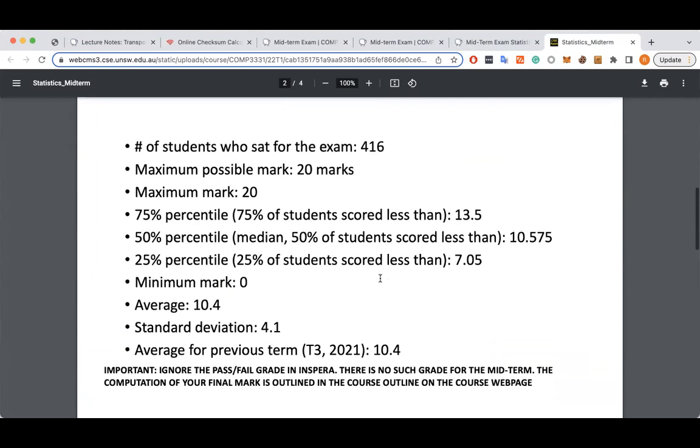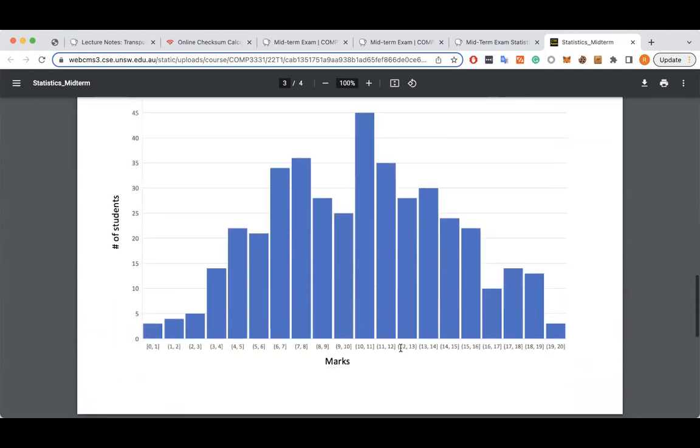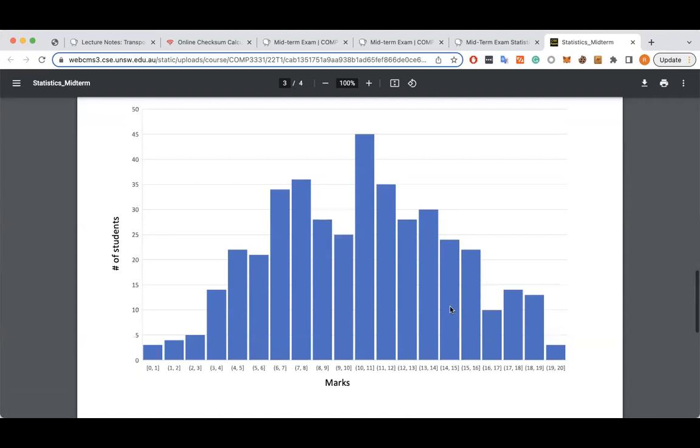For the midterm exam, here are some statistics. As you can see, the average is pretty bad, 10.4 over 20. So it will not be very easy to get high marks.